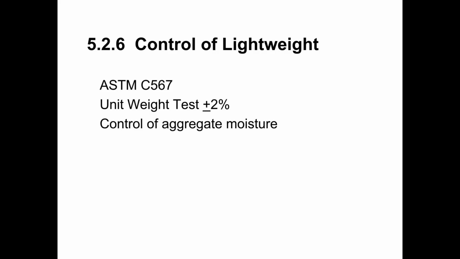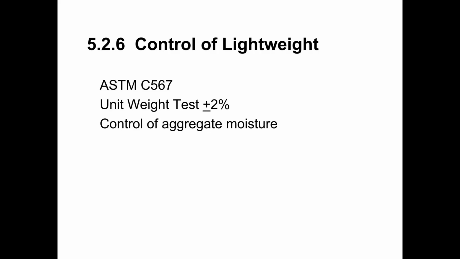So we really can't overstate how important it is that you properly evaluate the lightweight coarse aggregate, not just on a day-to-day basis, but on an hour-to-hour or sometimes even minute-to-minute basis to ensure that the aggregate moisture is being properly accounted for in the batching process.